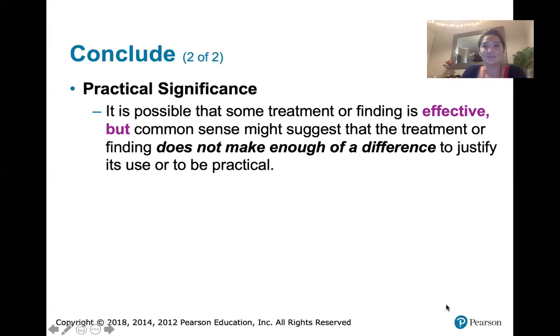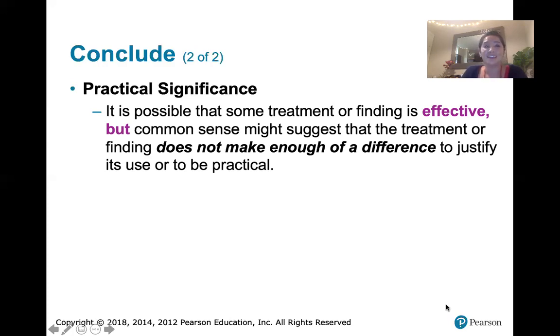So what is that saying? It's possible that there is some statistical significance, some measurable difference between applying the treatment and not applying the treatment. But if that effect size is small, if applying that treatment only led to a tiny, tiny, tiny difference in that potential outcome, you might say, well, it works and technically it's statistically significant, but would I really want to spend all the time and energy investing in this treatment if the difference is so small?